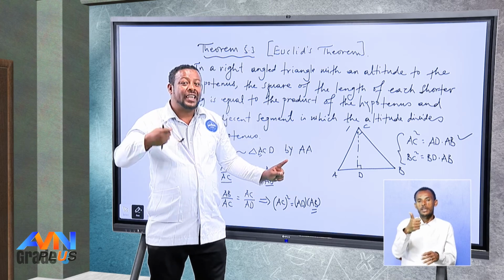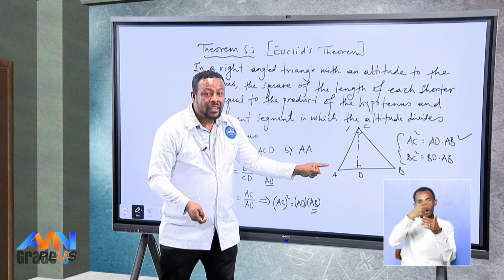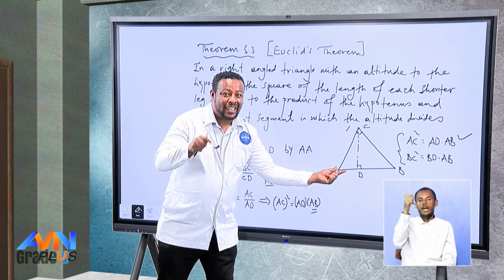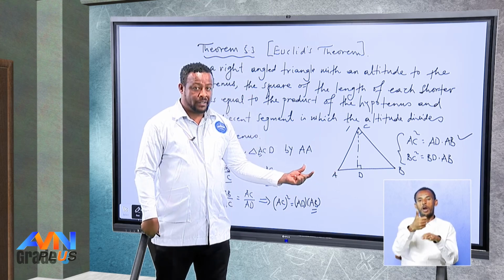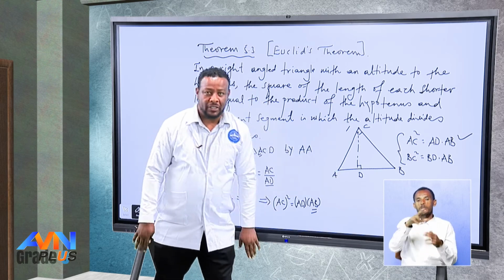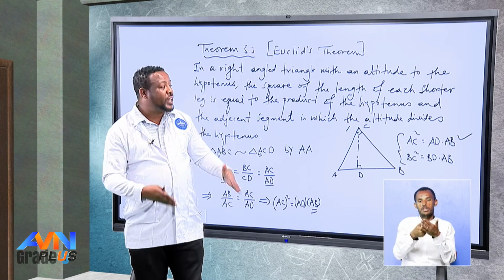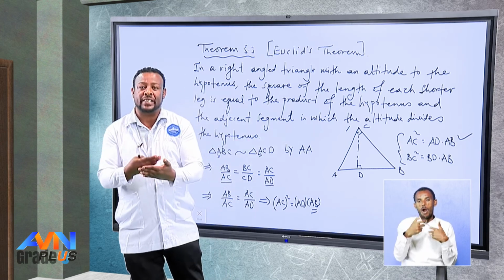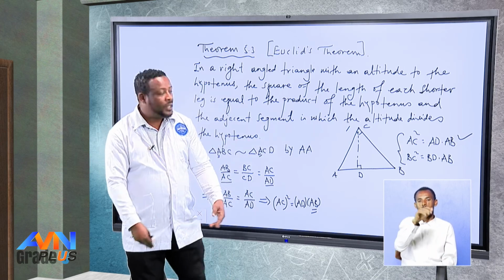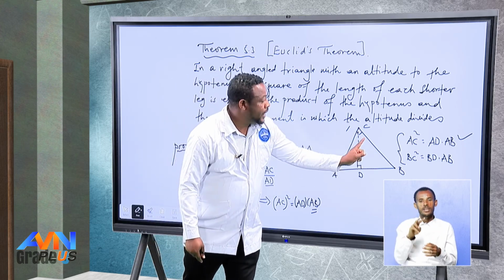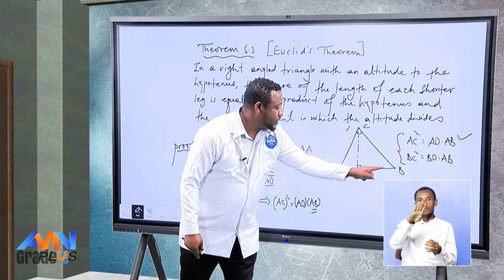If you are taking the squared value of AC, it should be the product of the adjacent side into which the altitude divides the hypotenuse, times the hypotenuse. It's very easy to remember this formula. In both cases, you have the hypotenuse, AB, right? Here, BC squared is the same as BD times AB.